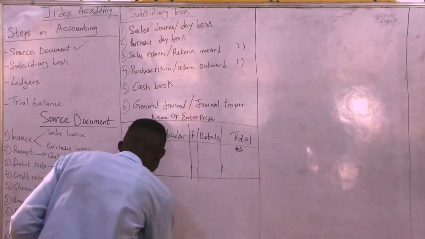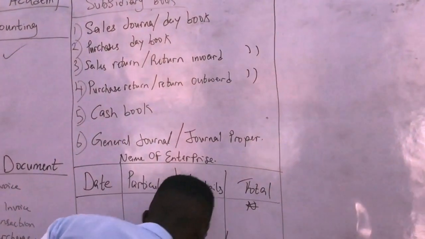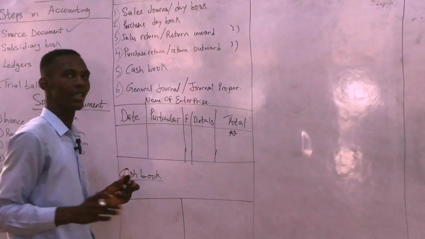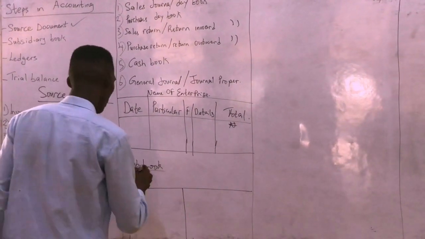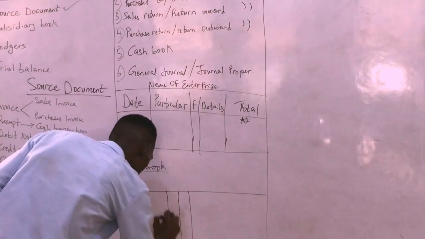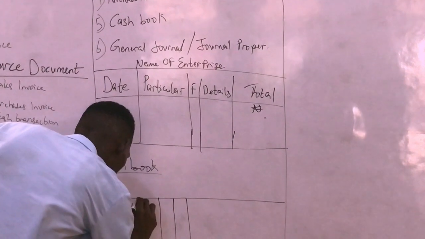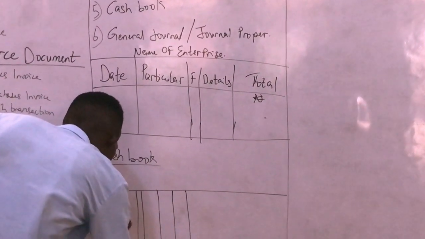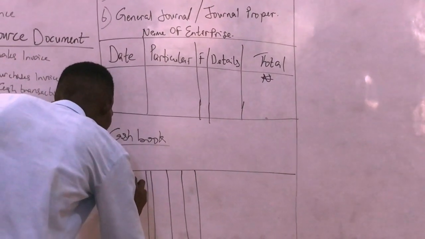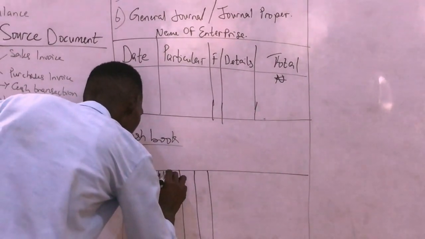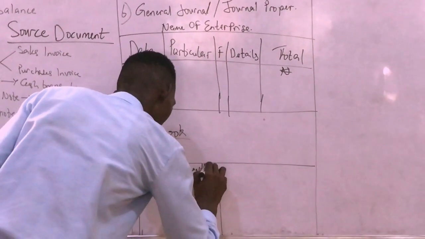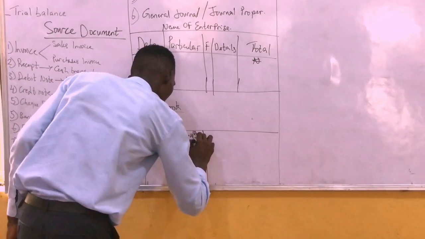Then as for the format, I will just be giving you for three column cash book because petty cash book is like a topic on its own. So you have this is your date, particular, folio, cash, bank, and discount allowed.